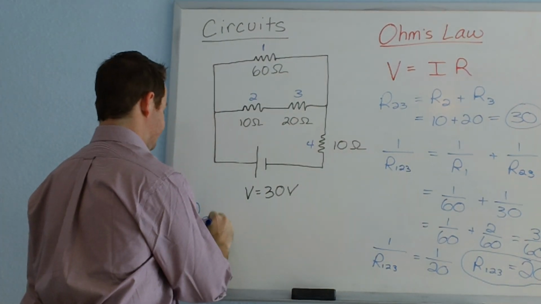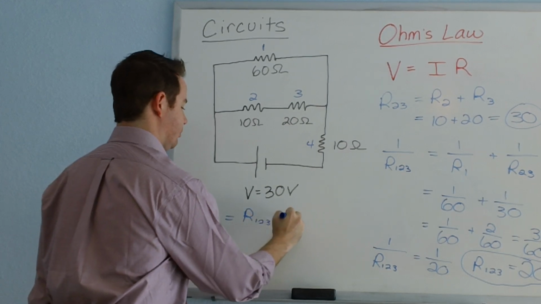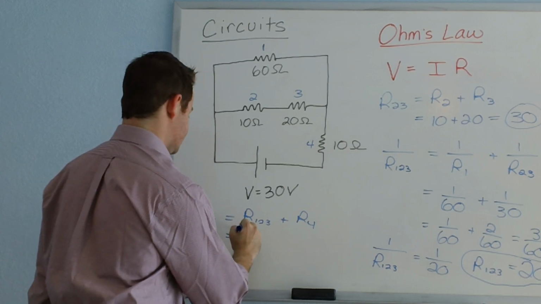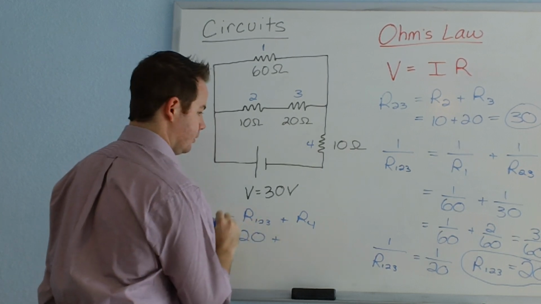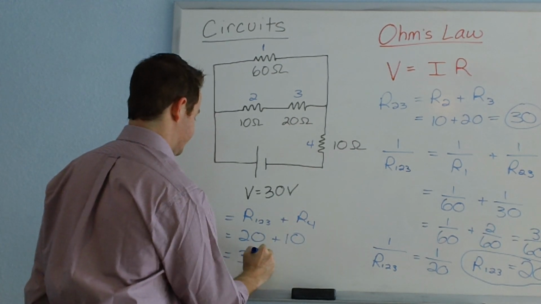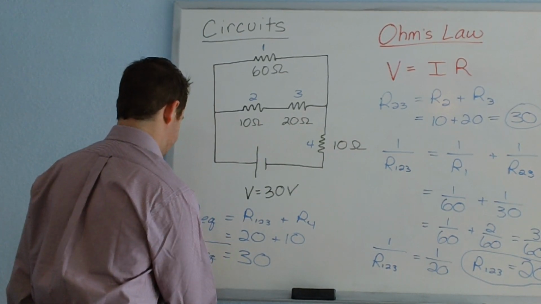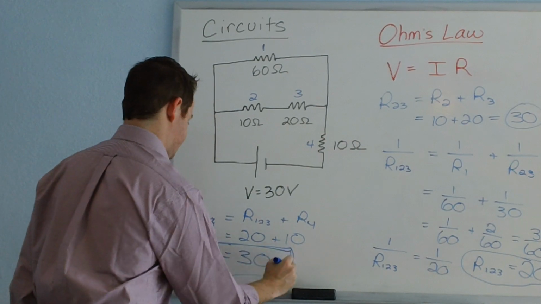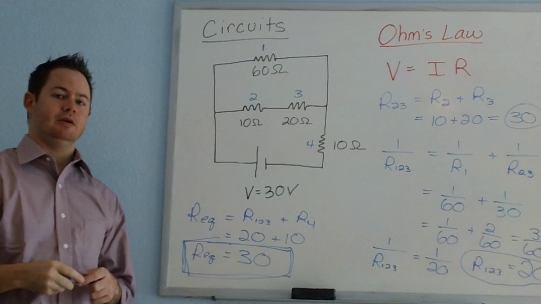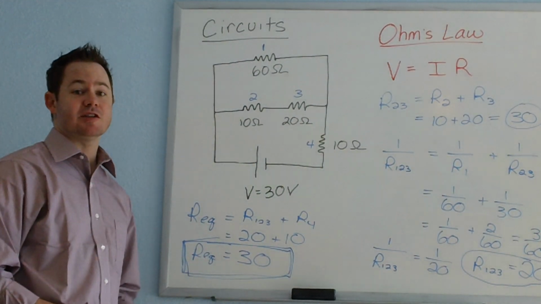And to find our equivalent resistance for the entire circuit, we have those first three plus the fourth one, which gives us a value of 20 plus 10, and our equivalent resistance for the entire circuit is 30 ohms.